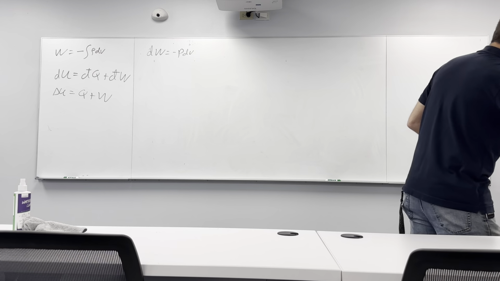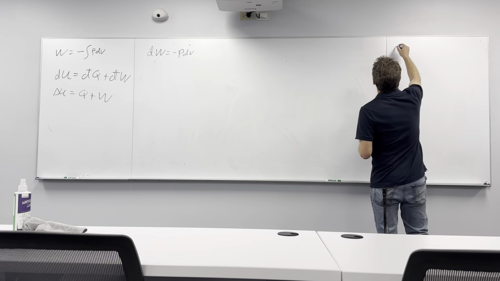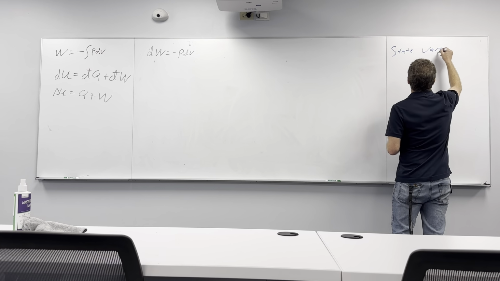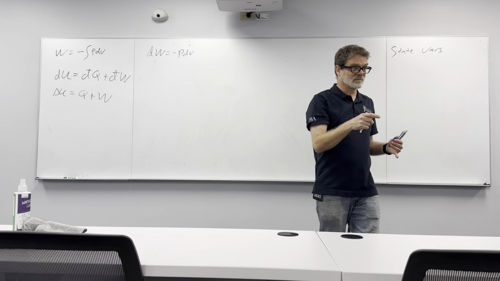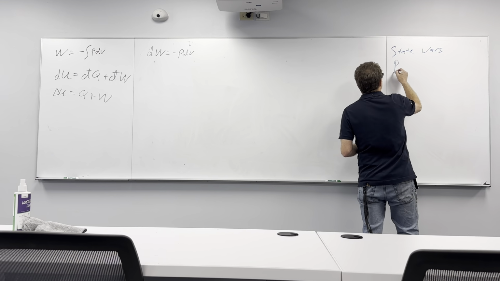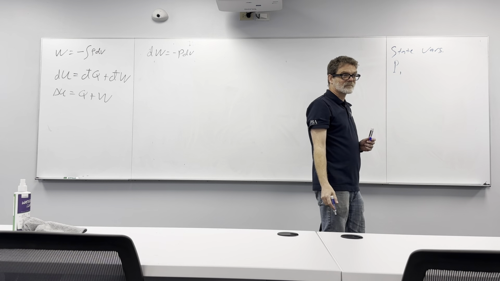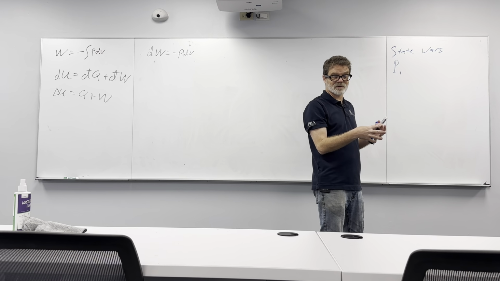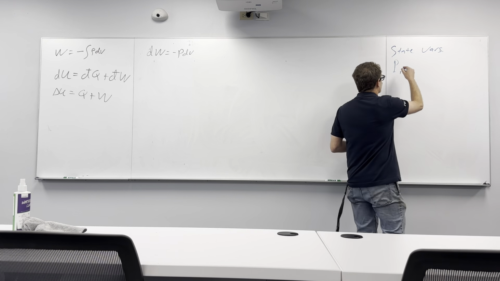We have what we call state variables. State variables describe the system, right? So some state variables would be P, pressure. Give me another one. What do you think a state variable is? It's going to describe the system as it is. Volume, okay, good. Another one.